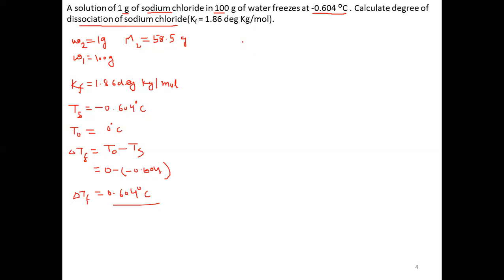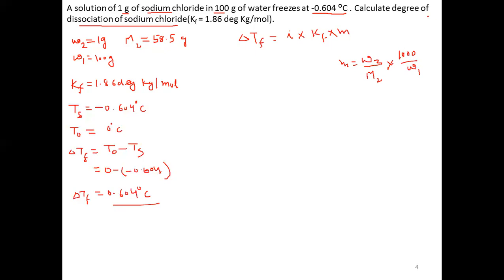Now we will use the formula delta Tf. As the solute is electrolyte, we will use iota into Kf into molality of the solution, where molality is given by W2 divided by M2 into 1000 divided by W1, where W1 is in grams.